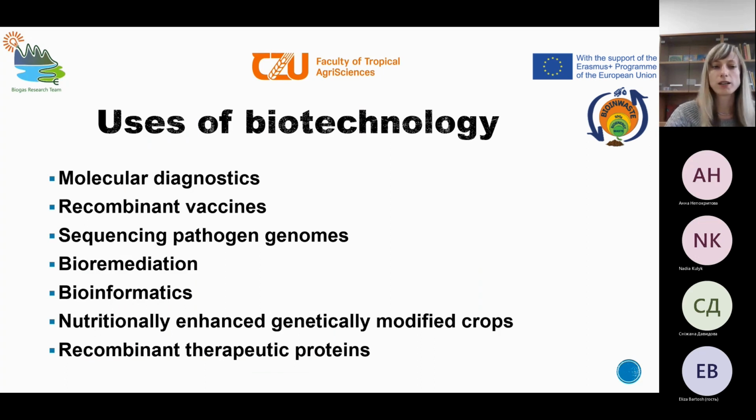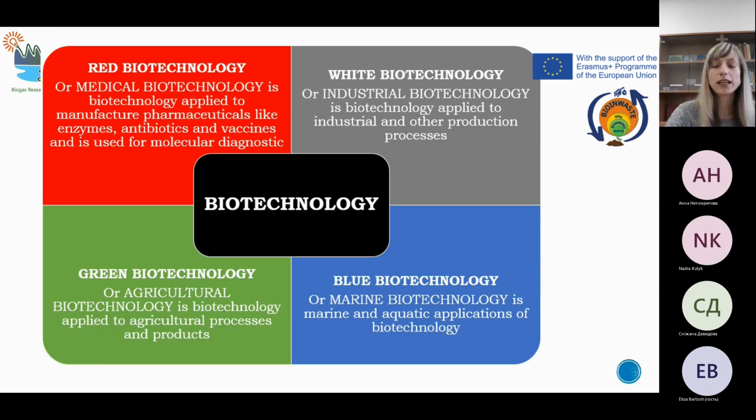The uses of biotechnology include molecular diagnostics, recombinant vaccination, sequencing, pathway genetics, bioremediation, bioinformatics, and nutritionally enhanced genetically modified crops. Of course, there are a lot of types of biotechnology, and we see that branches of biotechnology go into different fields of our life.